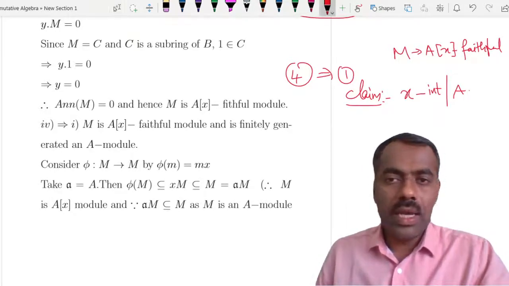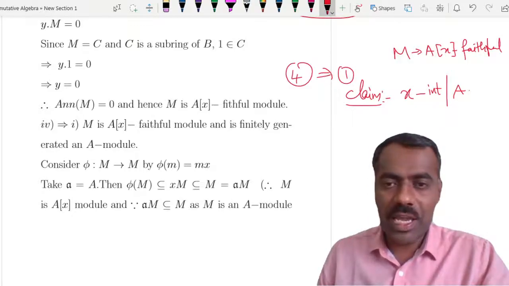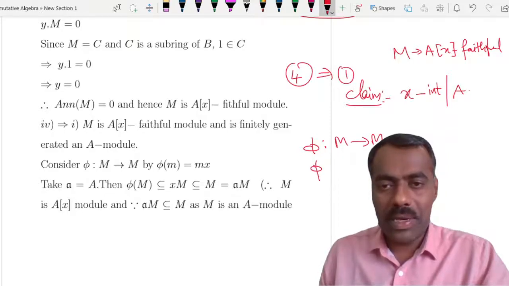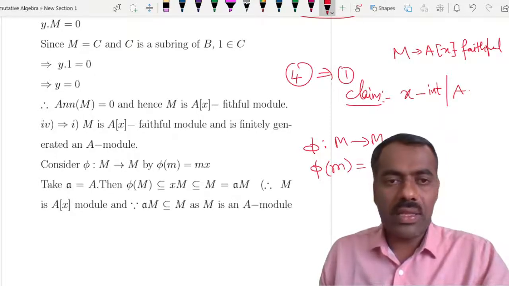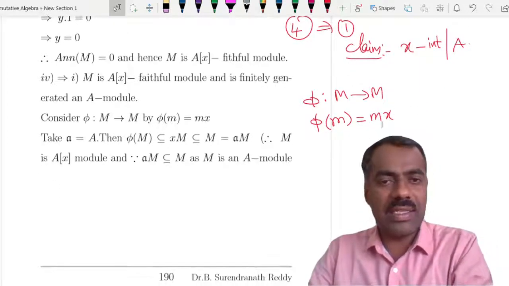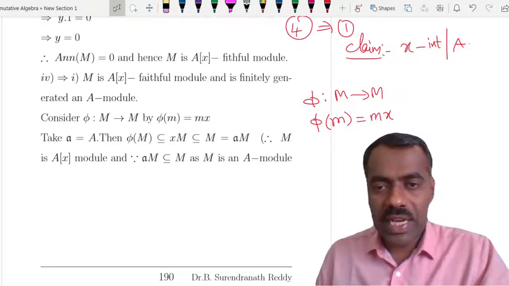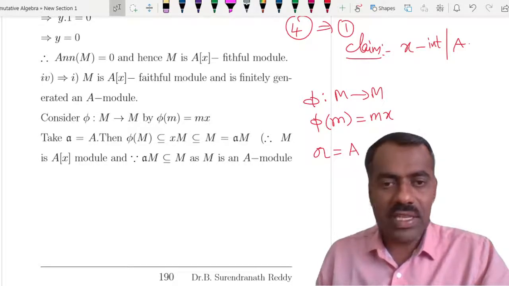Because M is a faithful and finitely generated A-module, we define a map phi from M to M by sending m to m times x, multiplication by x. We take the ideal a as our ring A itself.